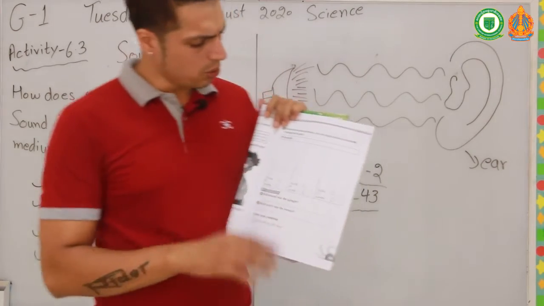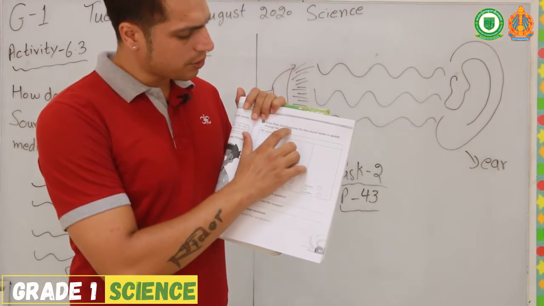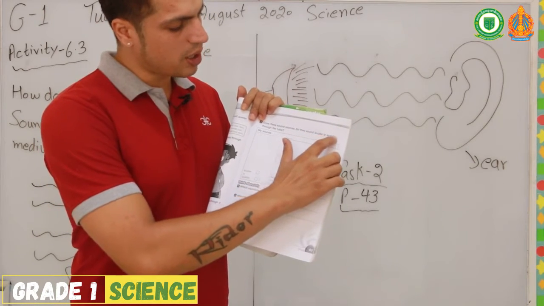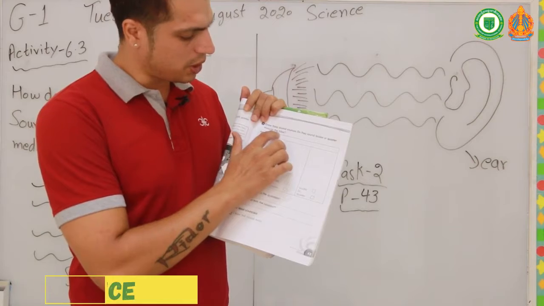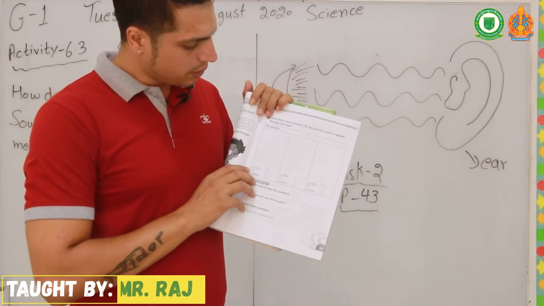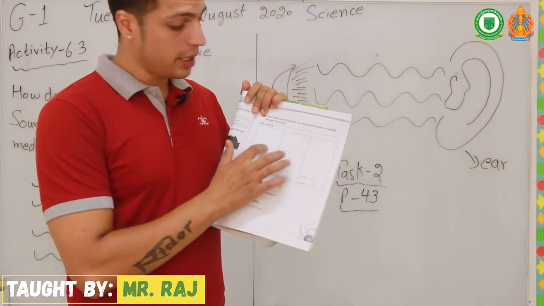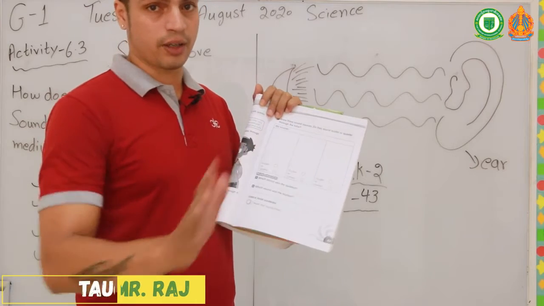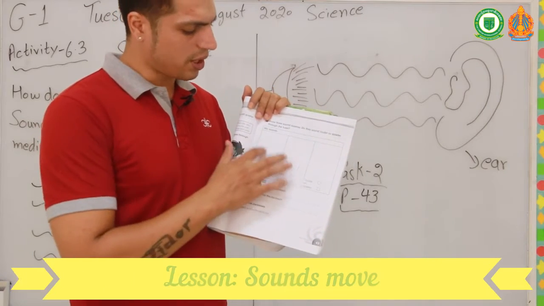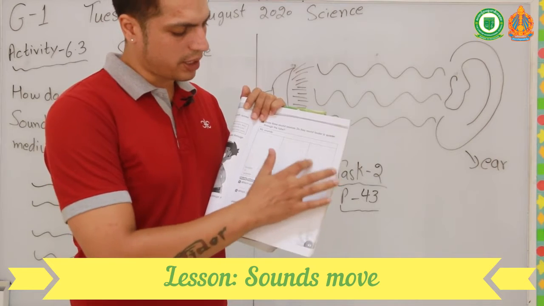So what you need to do: draw 3 sound sources. Do they sound louder or quieter through the tube? So draw 3 sources of sound. You can draw anything, any source of sound. You can draw one here, second one here, third one.